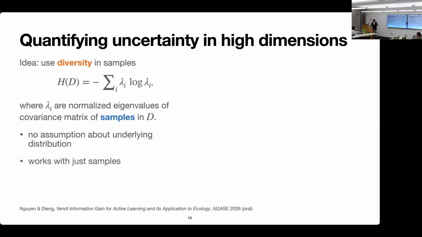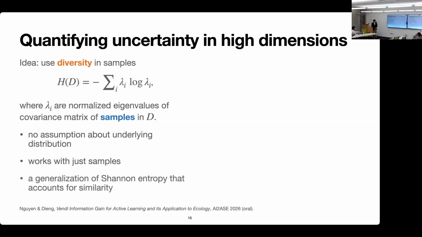And further, it just, again, works with samples. You just have to be able to draw samples from your predictive model, and you'll be able to quantify your uncertainty in your predictive distribution that way.